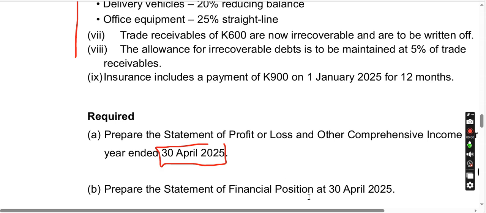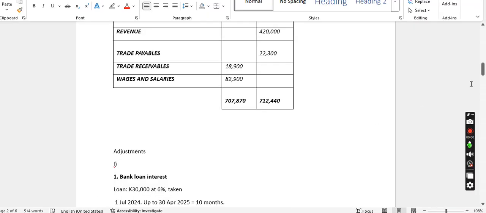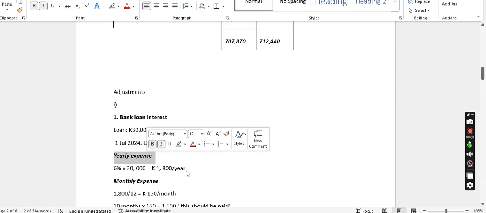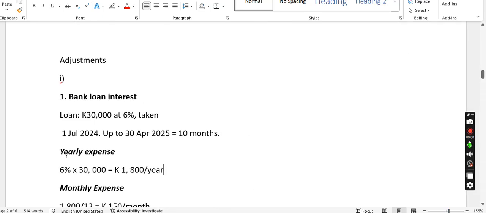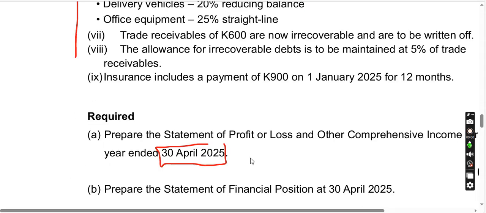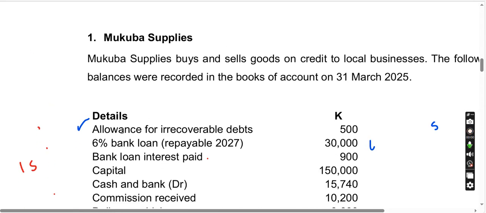Okay, so the first thing that you need to do, first find the yearly interest expense. So you're going to say 6% of 30,000 kwacha, because remember on the trial balance here, the 6% bank loan, 30,000.